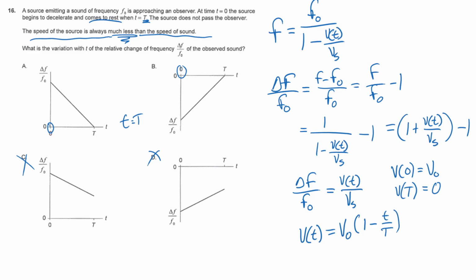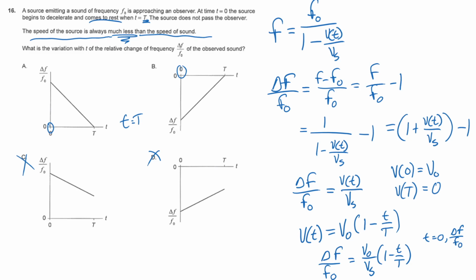And if we substitute this into the approximation, then what we have is this right here. And notice when t is equal to 0, what is our value equal to?